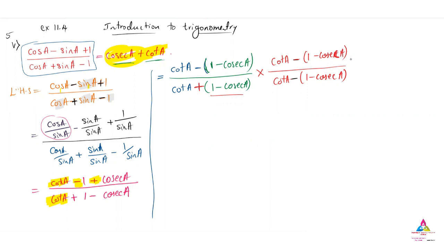Okay, so next what we have to do is the multiplication. The numerator we will multiply as it is. Here you can see the whole thing looks similar on both sides.